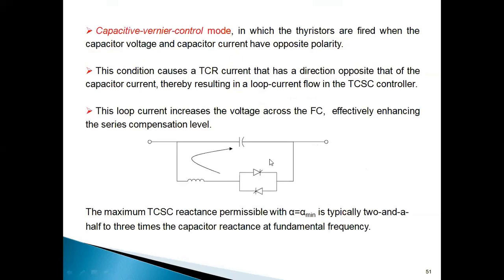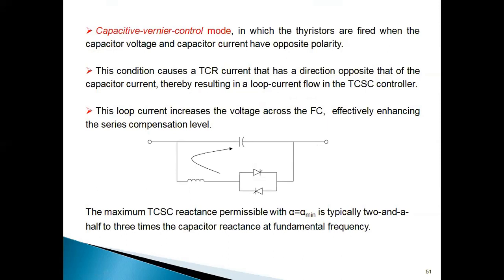See the direction of the current flow. A loop current is there in capacitive Vernier control mode. The thyristors are fired when capacitor voltage and capacitor current have opposite polarity. See the direction of the loop current: it is opposite to the capacitor current, and this current increases the voltage across the fixed capacitor, because of the additional current.